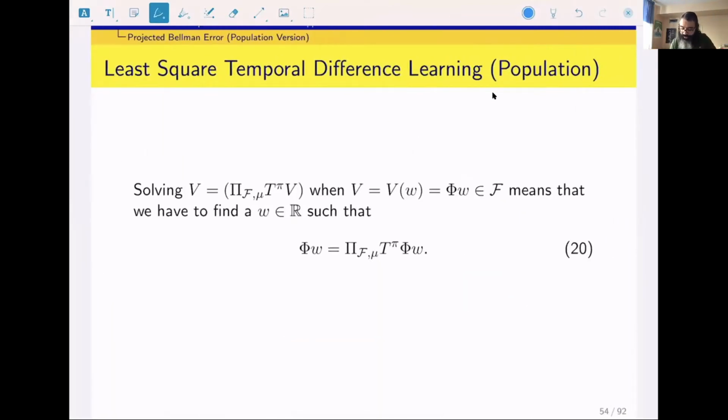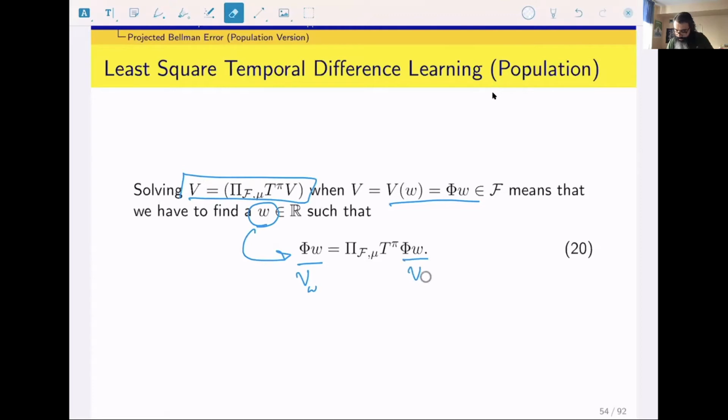So solving this equation means that we want to find a v which has this form, which means that we find the w, which represents the value function, such that the value function phi w, subscript w, such that phi times w, the value function after applying the Bellman operator and after projection, would be equal, these two things. All right, is it clear?